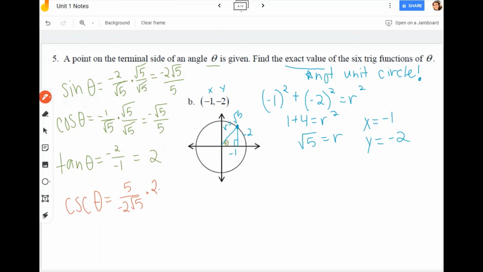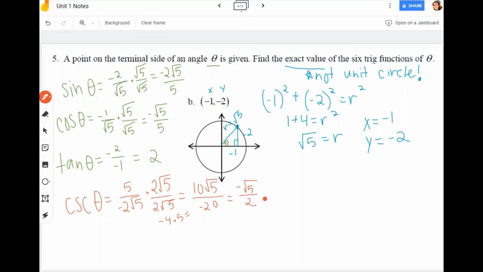So we're multiplying by 2 square root of 5 over 2 square root of 5. 5 times 2 gives us 10 square root of 5 over, so down here we're going to get negative 4 times 5, which gives us negative 20, which simplifies to negative square root of 5 over 2.